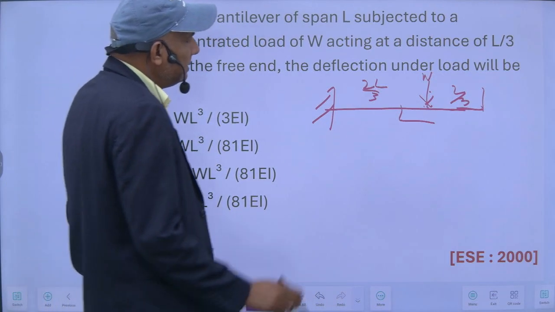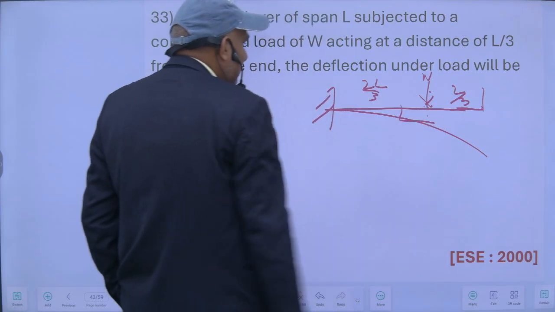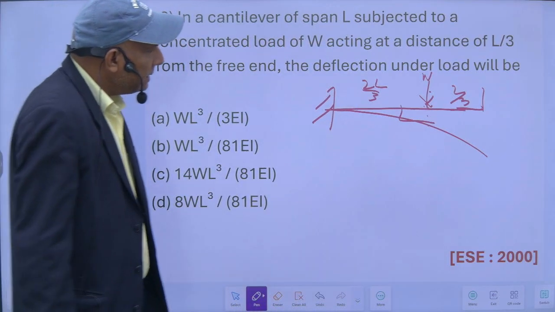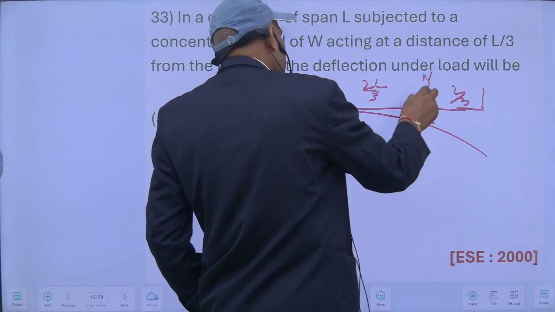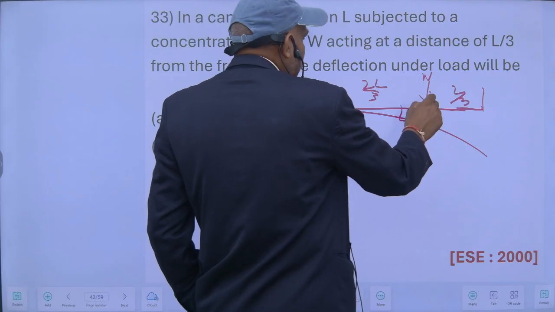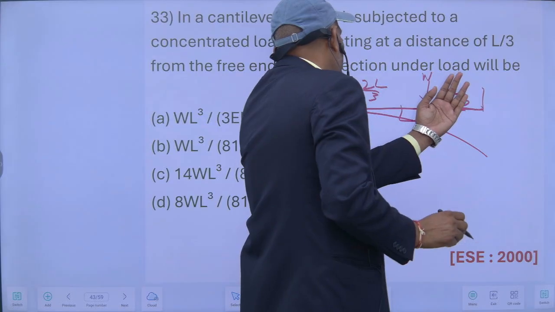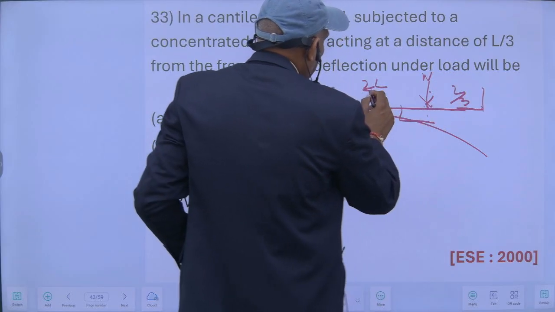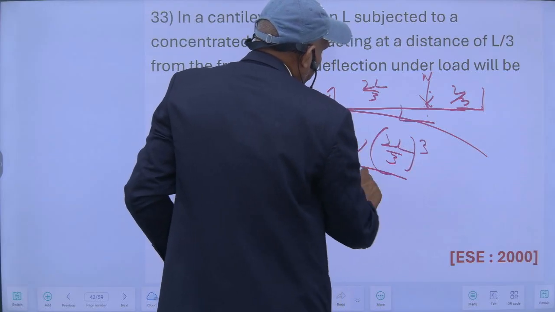So deflection under this load, I will forget this part, I will treat this as a cantilever and load is applied at this point. So this deflection will be W into, I will treat this as L, I will forget this, it will be W into 2L by 3 raised to the power 3 upon 3EI.